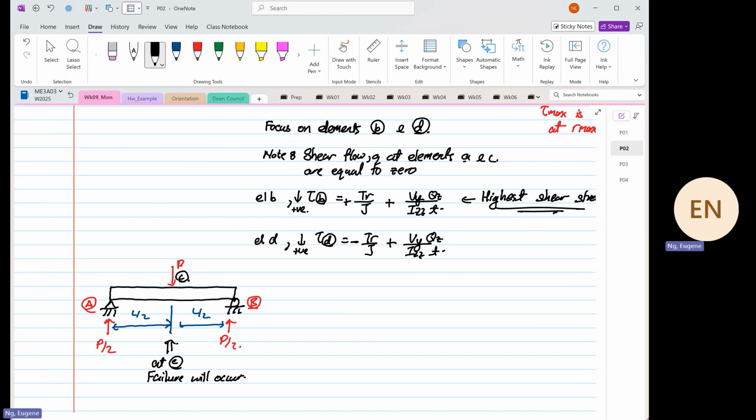Because at point C, we have V max or Vy max is equal to P/2. Okay, so I'll draw our transformation again. This is X, this is Y, and this is our rotation about Z. And then we also know that moment in the Z direction is maximum, and this is equal to PL/2.